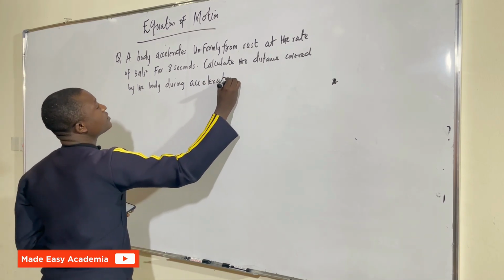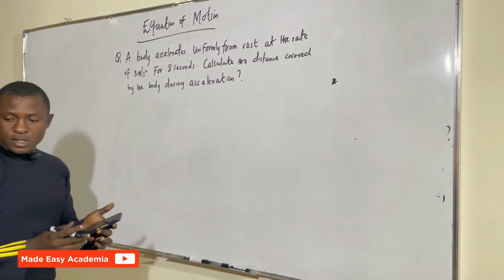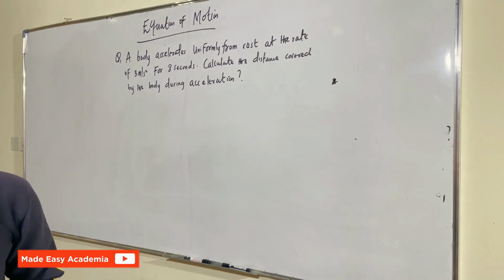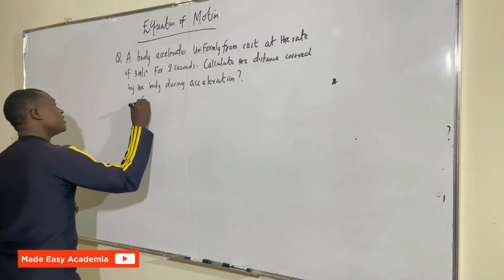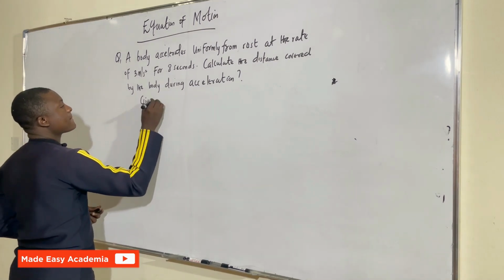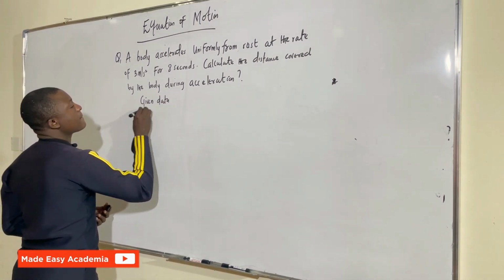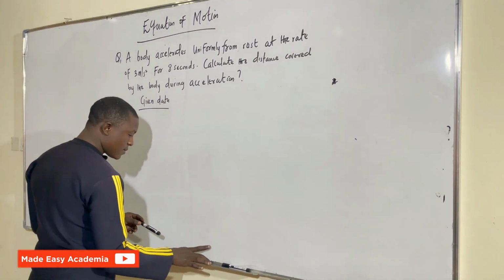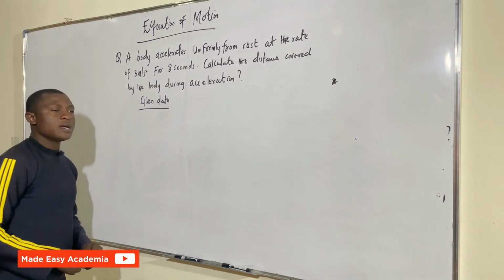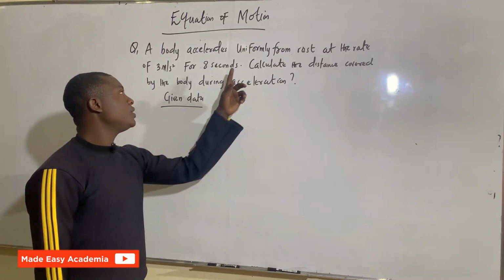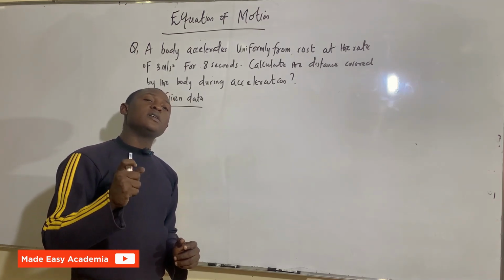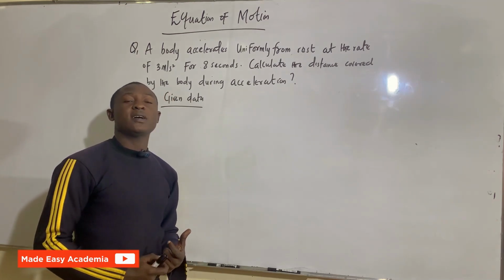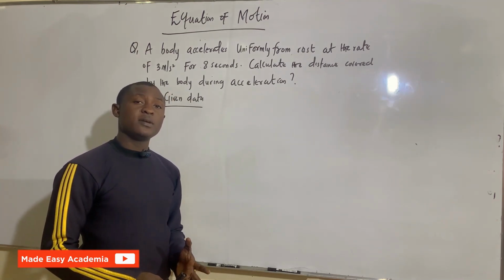It's simple and straightforward. Just know how to apply the formulas. Let's first write out the given data. A body accelerates uniformly from rest. Whenever an object accelerates uniformly from rest, our u is going to be 0.